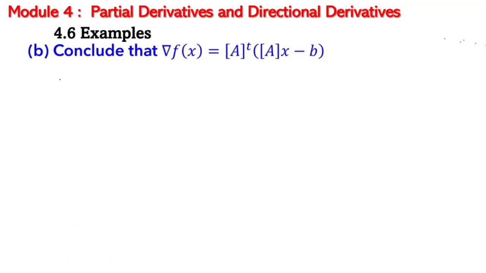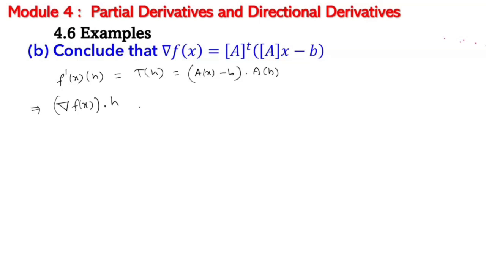From the previous part, we got f dash x h is equal to th, which is equal to Ax minus b dot Ah. We know that f dash x h is equivalent to the gradient of f of x dot h.